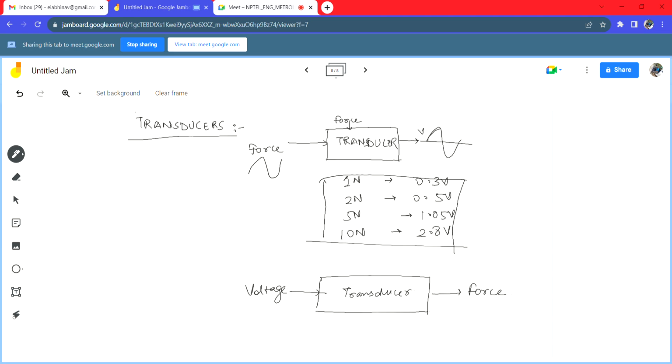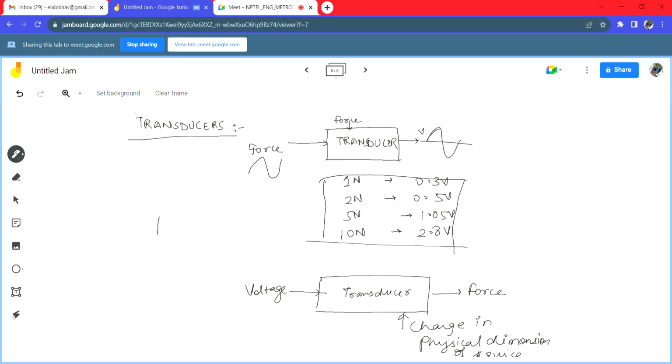Now, how does this happen? This happens by a change in the physical dimension of the device.